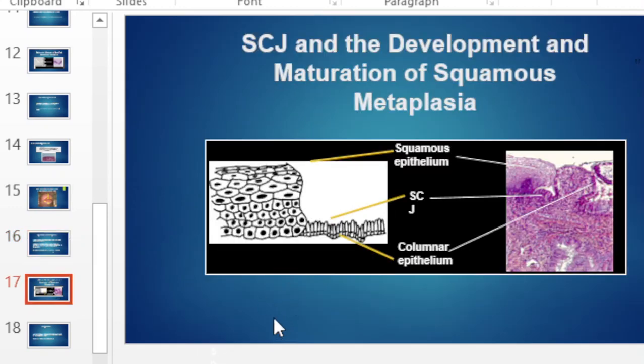So once again, you have the squamous cells on the outside and the columnar cells on the inside. Where they meet, you have the squamocolumnar junction.